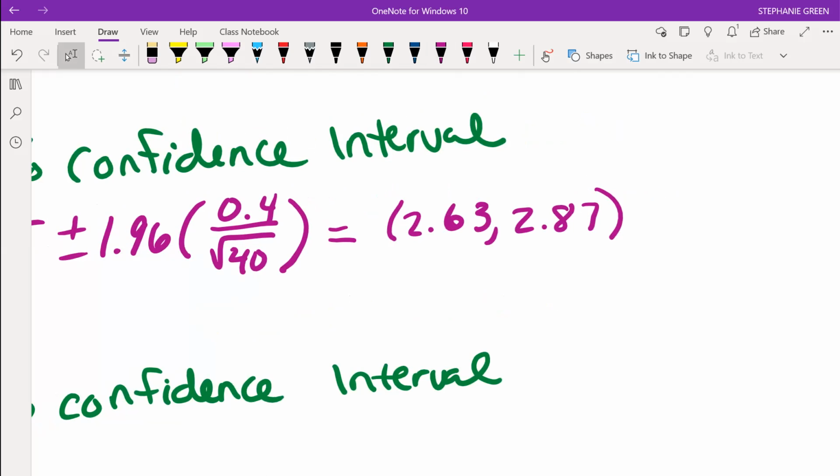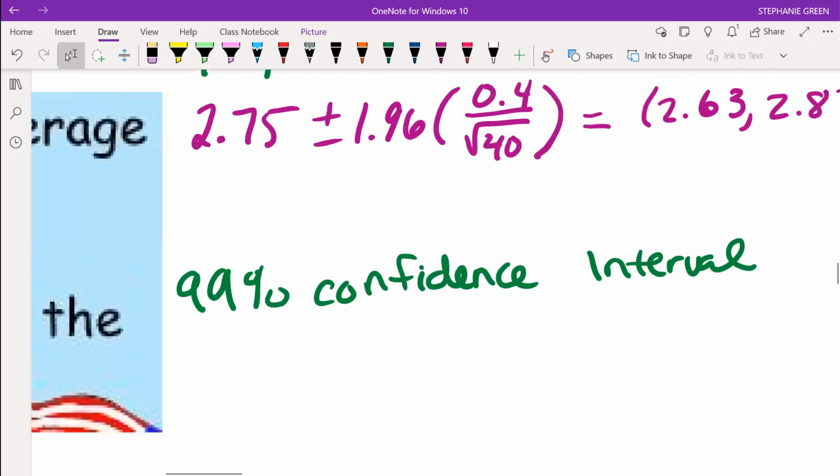Okay, and then for 99% confidence, we do the same thing with a different z star. Remember, the critical z value for a 99% confidence interval, or alpha 0.01, is on the last page here, 2.56. No, 2.58.